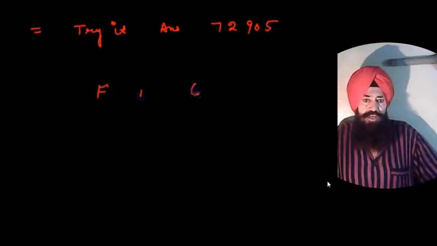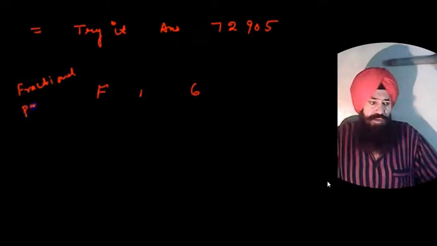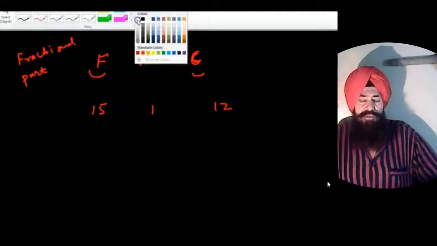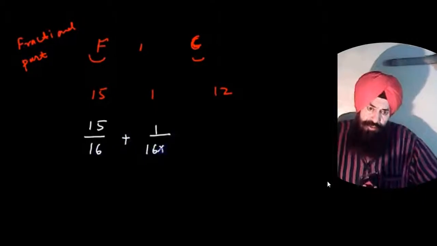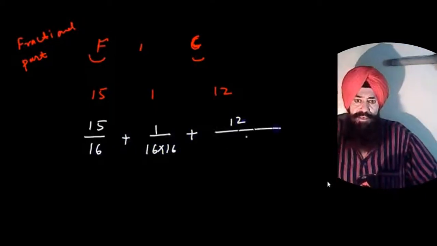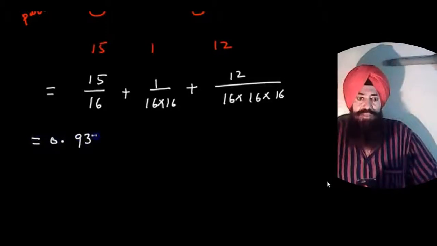Now coming to the fractional part. What was the fraction? F1C. So writing first of all the number: F means 15, then 1, and what is C? C means 12. Because for the fractional part, go on multiplying by 16 raised to power minus 1, 16 raised to power minus 2, 16 raised to power minus 3. 16 raised to power minus 1 means 1 over 16.